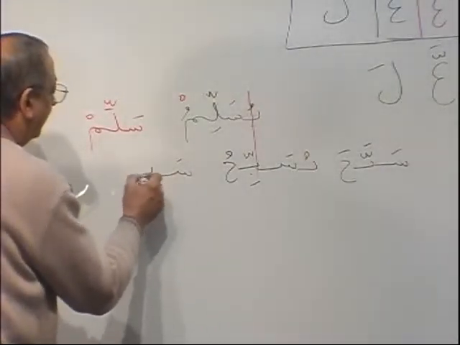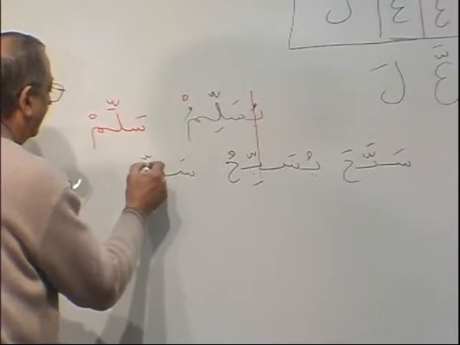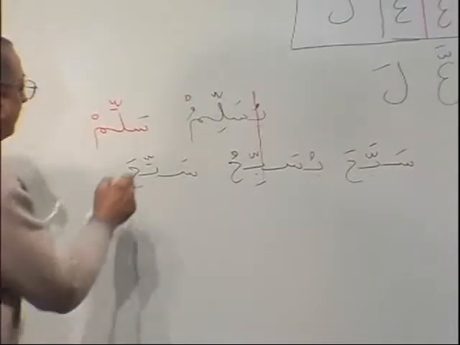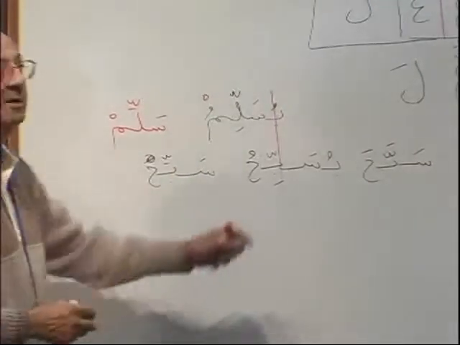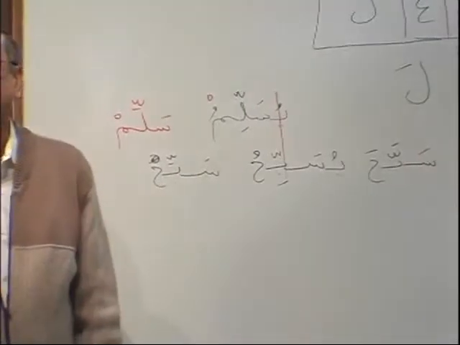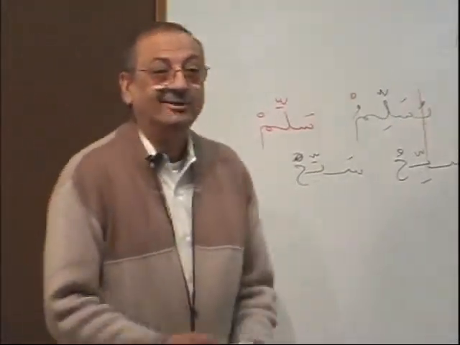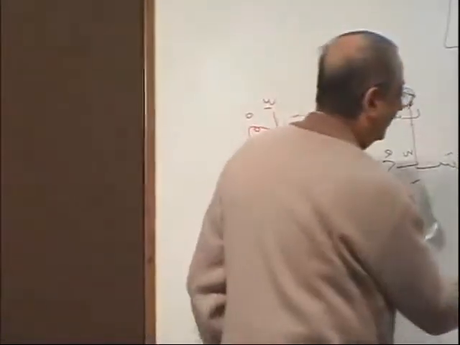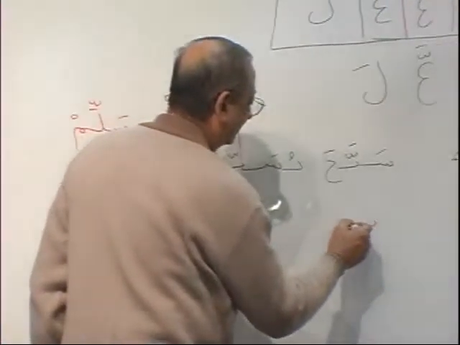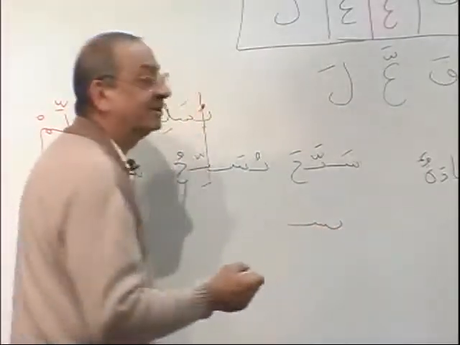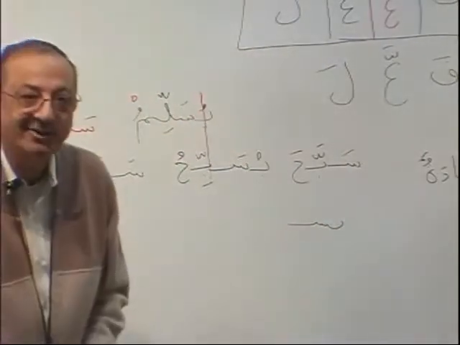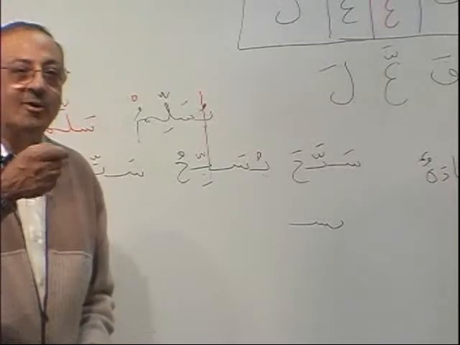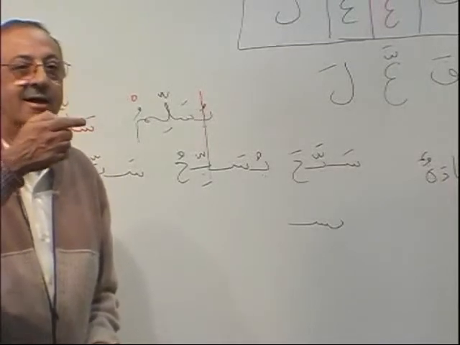Sabbih, all the time. Okay. Sabbih with sukun. And what is the masdar? Tasbih. See, tasbih. And what is the meaning of tasbih? Glorification. It means you glorify. Alhamdulillah, Allahu Akbar.